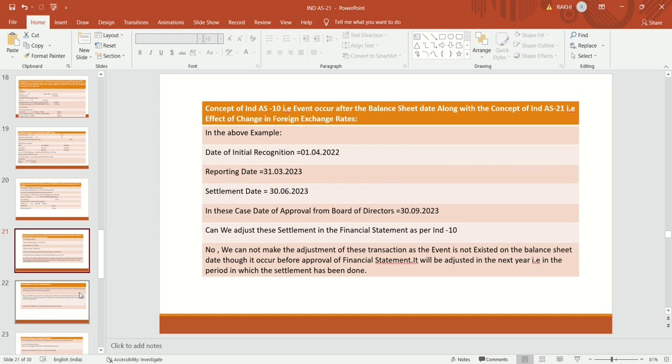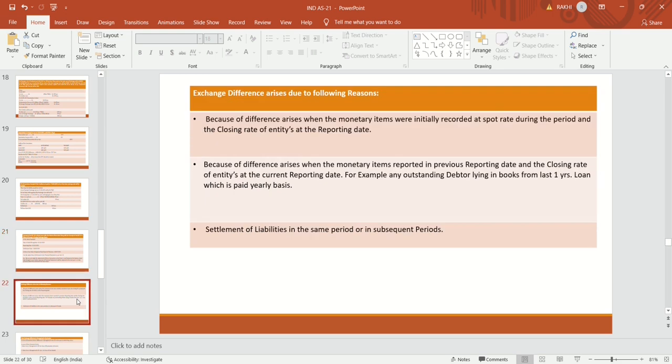It will be adjusted in the next financial year, in which the actual settlement is done. So this is the concept of events occurring after the balance sheet date but before the approval of the financial statements, merged with Ind AS 21.